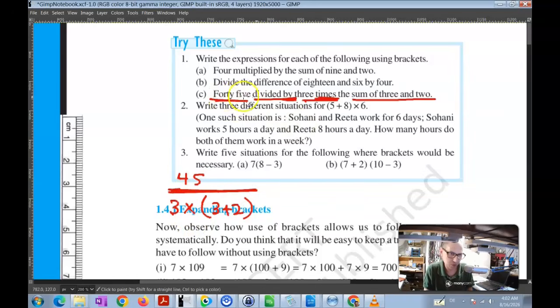Now, based on what I read here, this is the correct way of writing it.